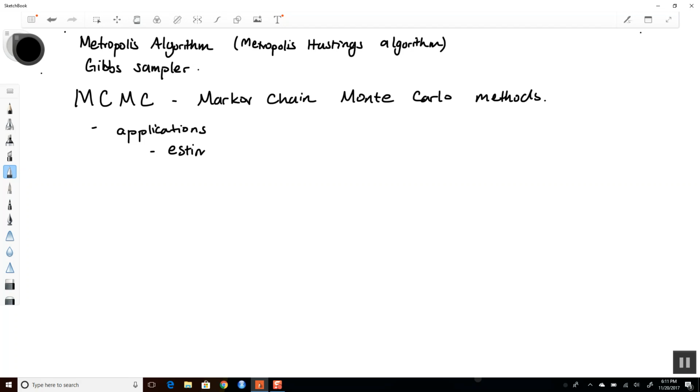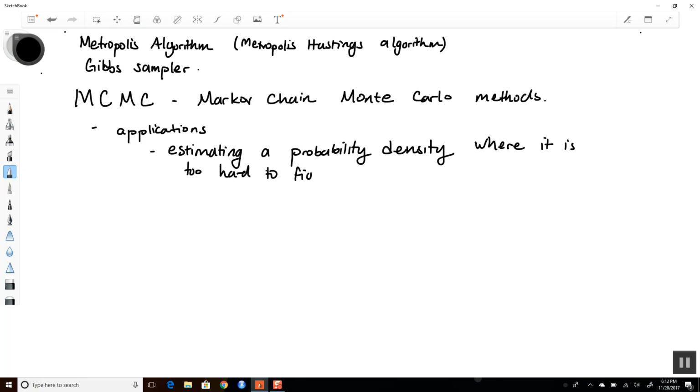Okay, so this is kind of the biggest application: estimating a probability density where it is too hard to figure out the density directly.